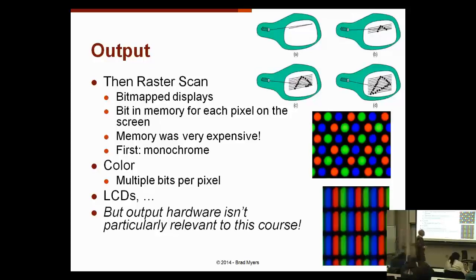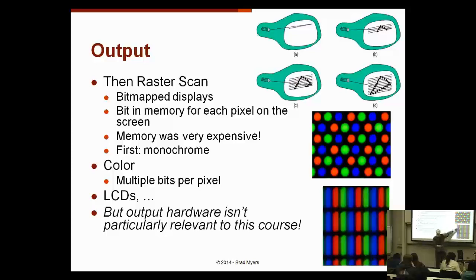I'm not going to go into output or color theory or any of that kind of stuff, but every pixel is these three dots together, and it turns them on to the right level. LCDs turn out, instead of dots, to have little stripes. Same general idea, except that they're in stripes instead of dots. So if you take a magnifying glass up to your LCD screens, you can see that they actually have vertical lines of color.